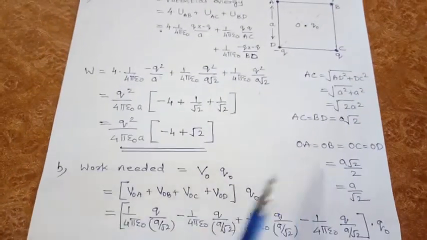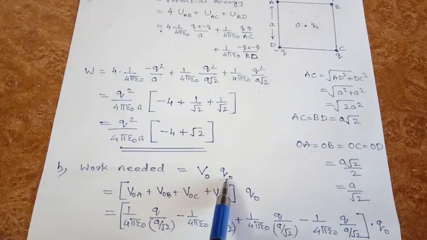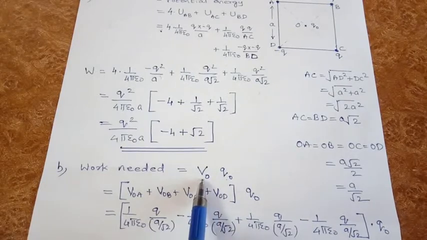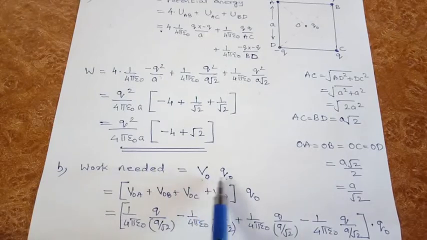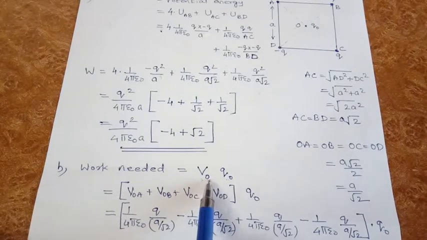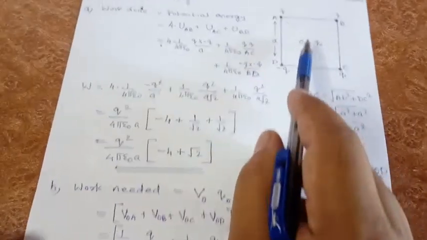Now, work needed to place a charge where the potential is V0 will be: work needed is equal to V0 times Q0. Now, what is V0? The potential of the center.